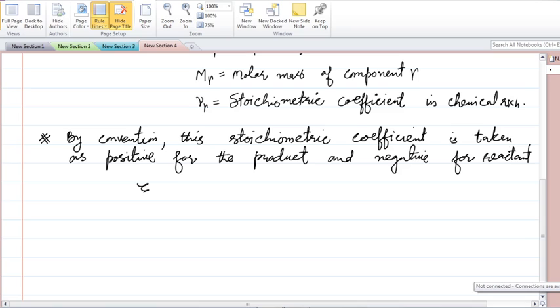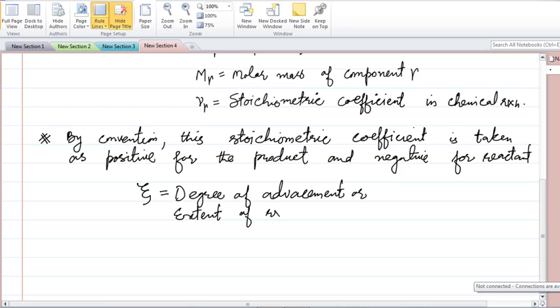And this zeta is simply degree of advancement of the reaction, or you can say extent of reaction. So this zeta was basically introduced by a scientist, Donder.